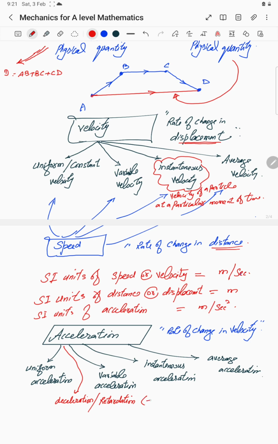That means negative acceleration. So whenever you see that the object is retarding or decelerating, the numerical value of the acceleration will be taken as negative with such words as deceleration or retardation.